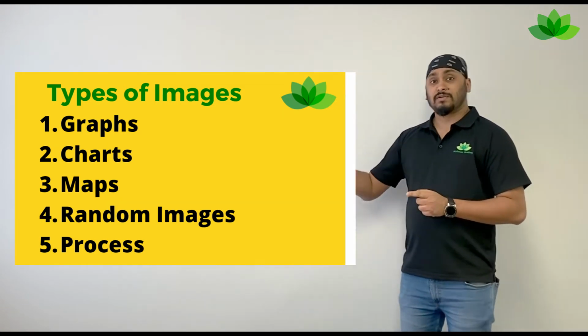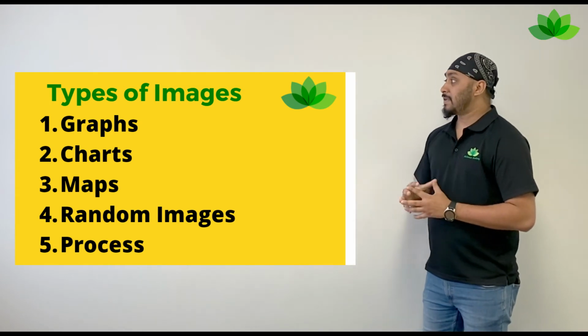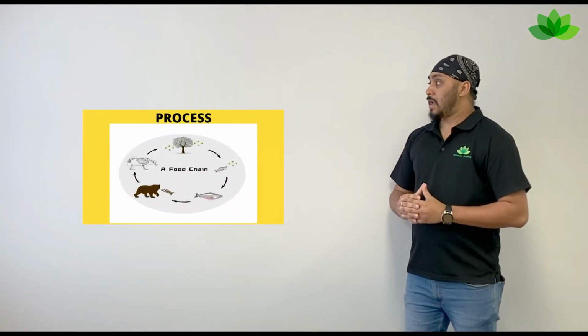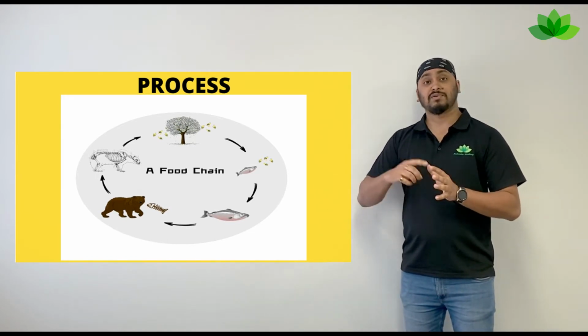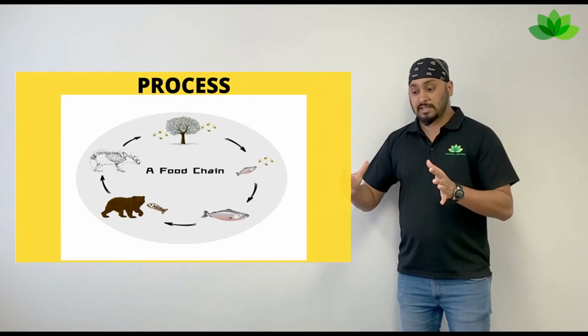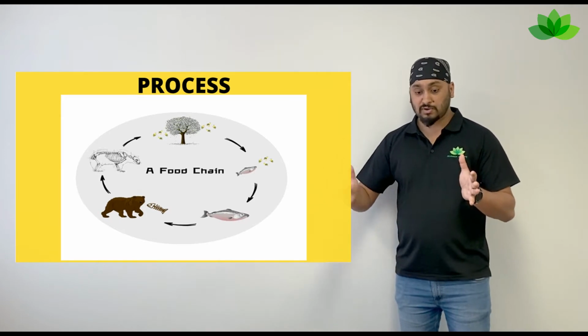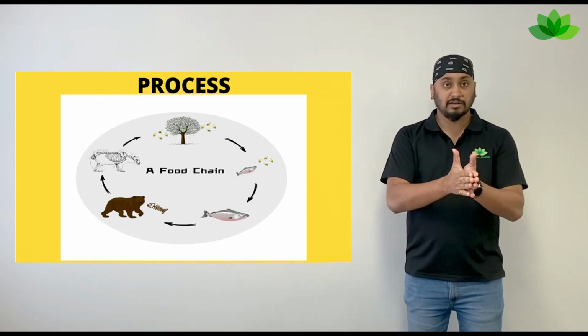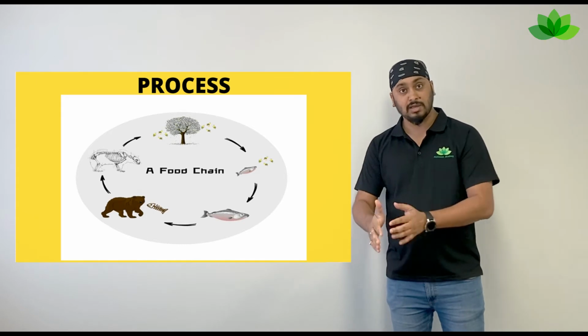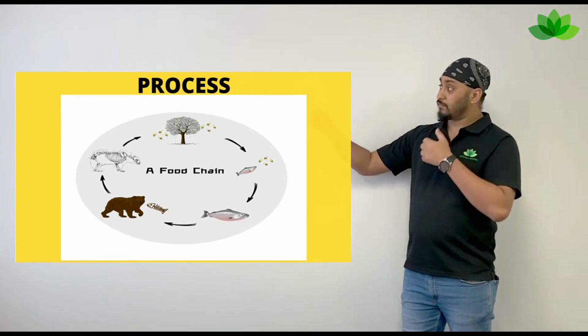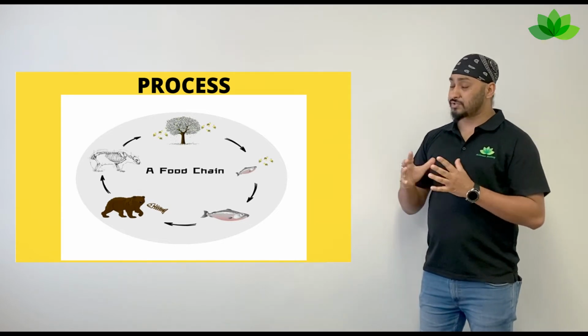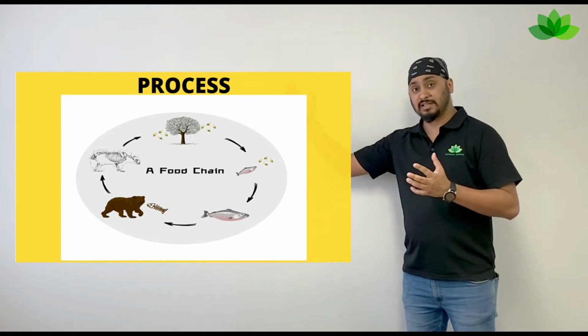Let's look at one of the latest exam questions that we have in describe image. Now, as you can see, this very first image in front of you is about a process. Remember that when you're talking about a process, it always has a beginning point and it always has an ending point, okay? In this kind of image, let's say over here you can see that this is a food chain process, right? So in the food chain process, you can say that the first thing that I can see is a tree.